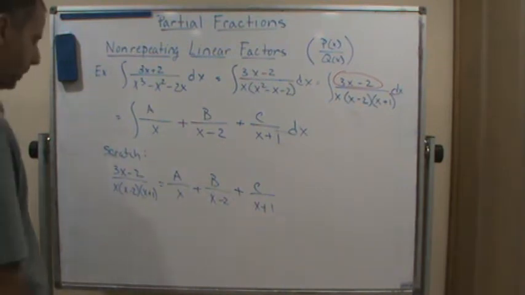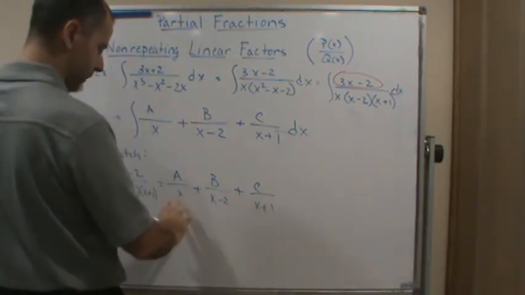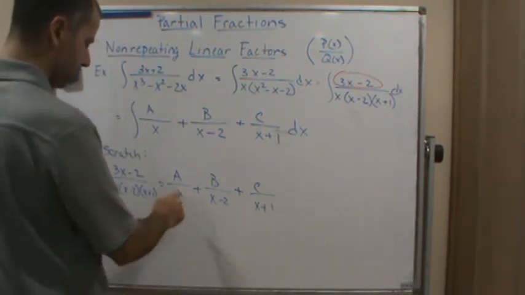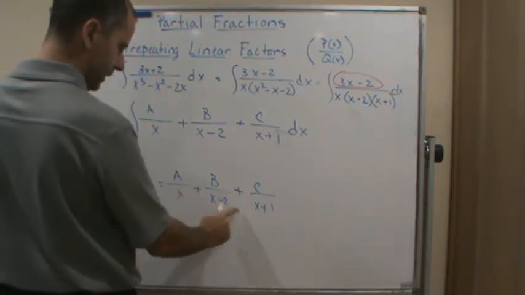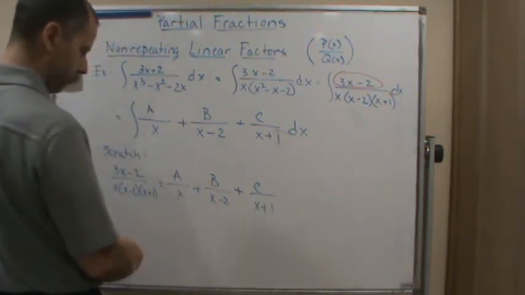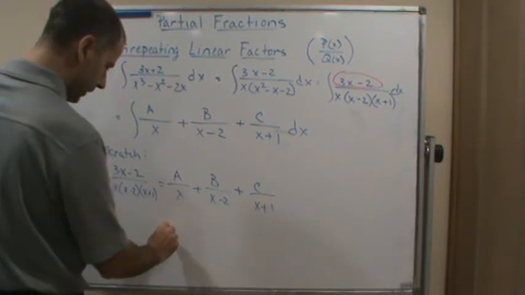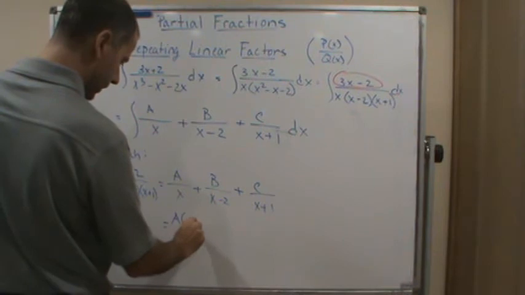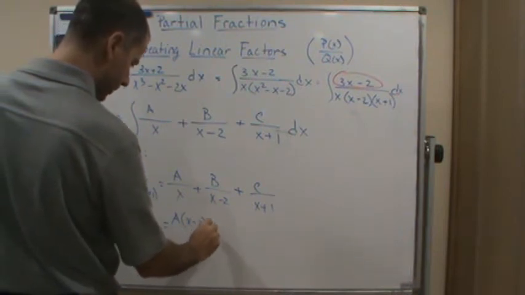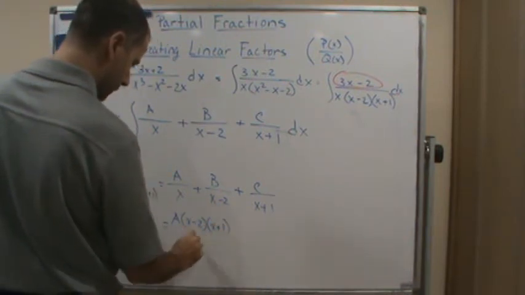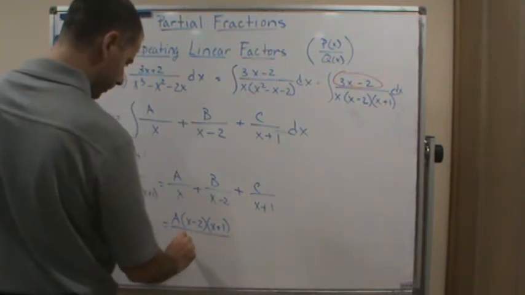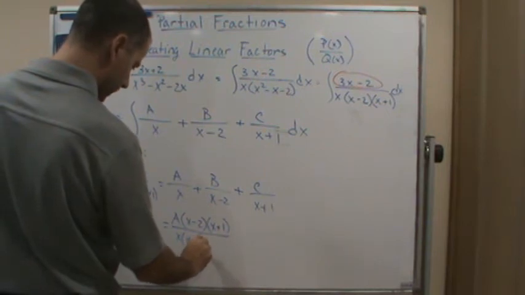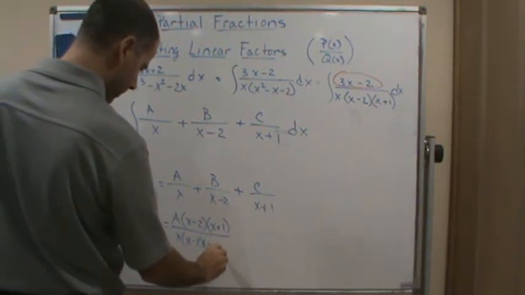So now what I'm going to do is make these denominators equal to this one. So I'm going to have to multiply the top and the bottom by these two over here. So what happens is I'm going to get a times x minus 2 times x plus 1 over x times x minus 2 times x plus 1.